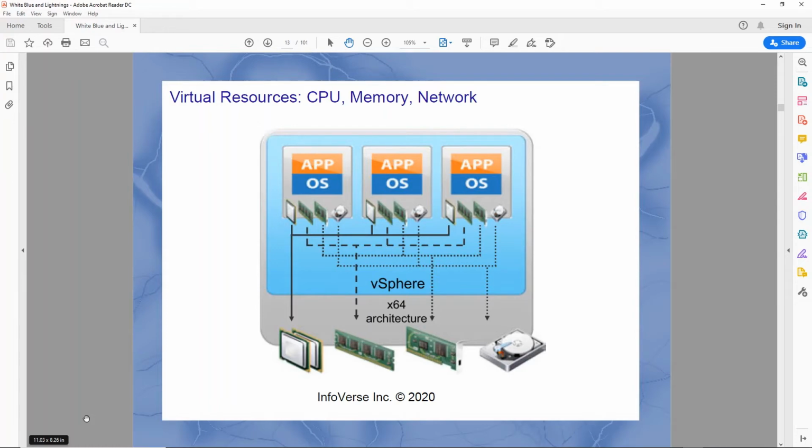Each virtual machine will have a virtual NIC, virtual memory, virtual storage, and virtual network, and all of them actually map to the underlying hardware on that particular host. So when we talk about virtualizing, the VMkernel helps us map between the actual physical resources on the host and the virtual machines.